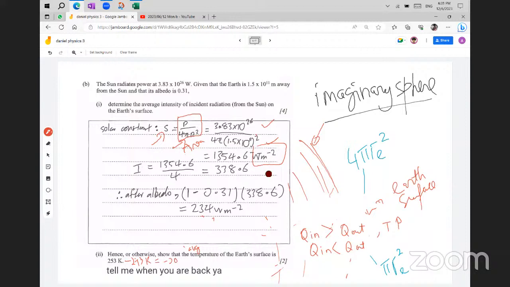I'm not sure about that, but let's see. Now, you think carefully. If the temperature of Earth is this 253 K, is the temperature going up or going down or something else?